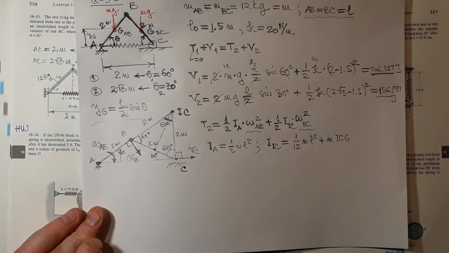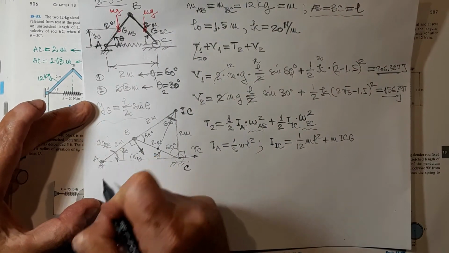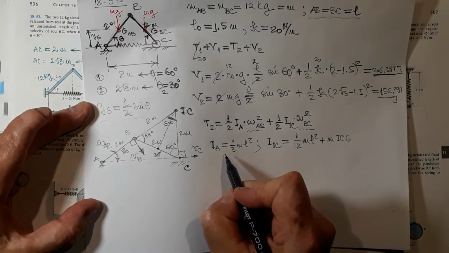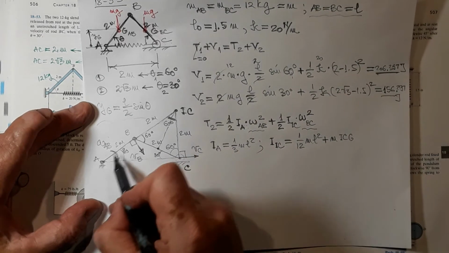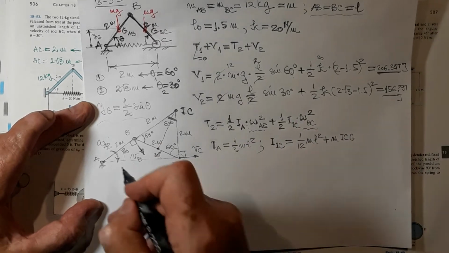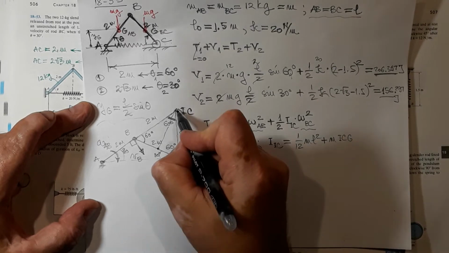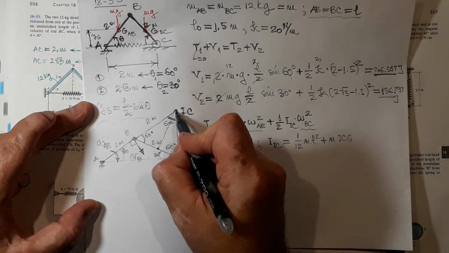So the mass moment of inertia about A, that end point, is 1 over 3 ml squared. And then I need to find the distance to the centroid from the instant center.